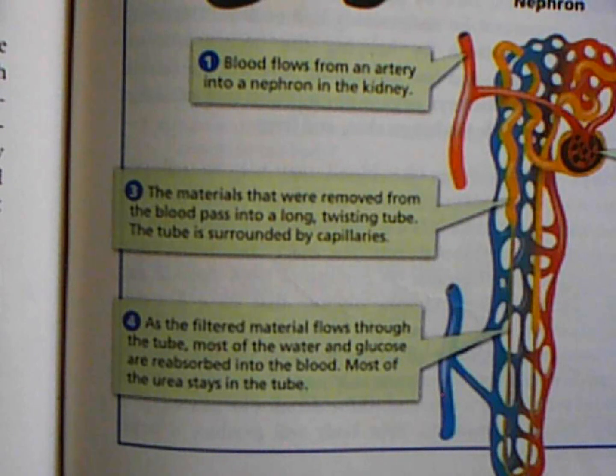So we don't need to get rid of glucose, and we also don't need to get rid of water. The glucose and water are reabsorbed by the blood vessels surrounding this tube, right? And most of the urea stays in the tube. Why? Because urea is a toxic substance.